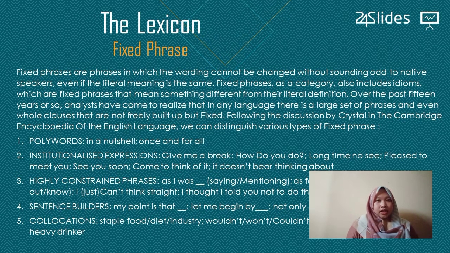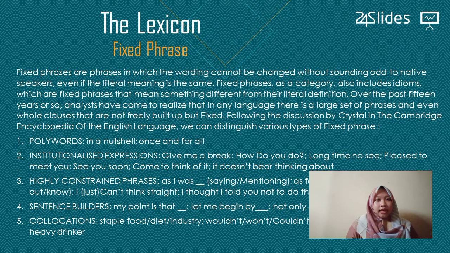The first, polywords: in a nutshell, once and for all. The second, institutionalized expressions: give me a break, how do you do, long time no see, pleased to meet you, see you soon, come to think of it, it doesn't bear thinking about.